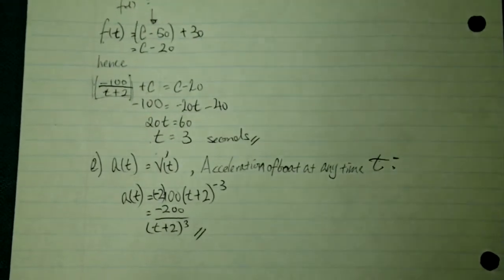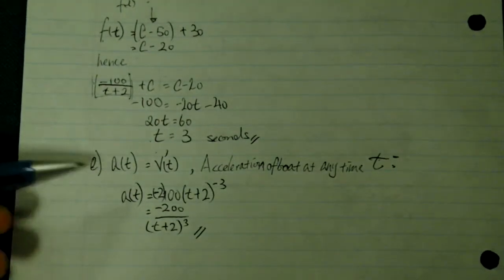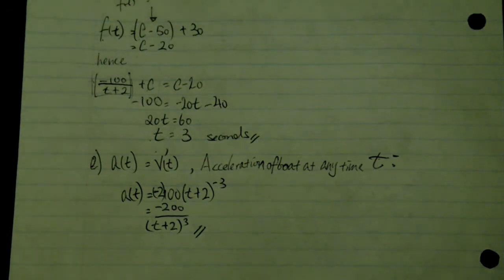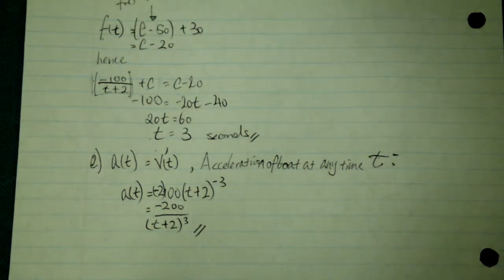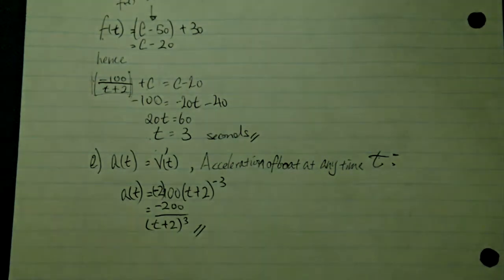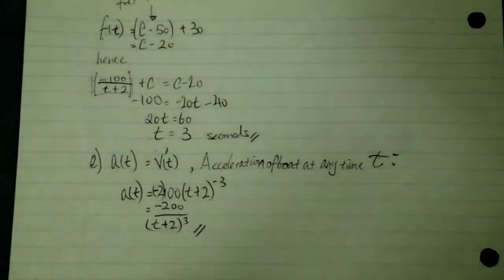Let's move on to e then. Find the acceleration of the boat at any time t. Acceleration is the second derivative of the displacement function, which is the derivative of the velocity function.